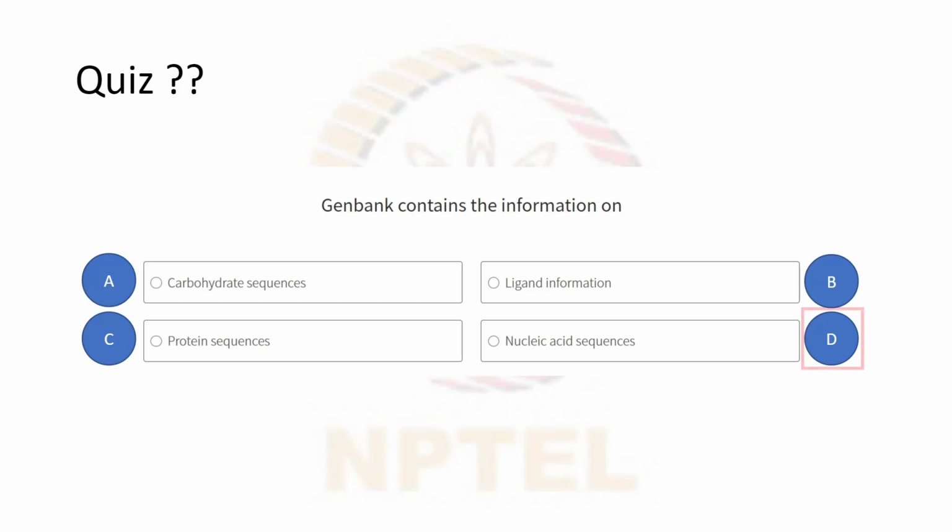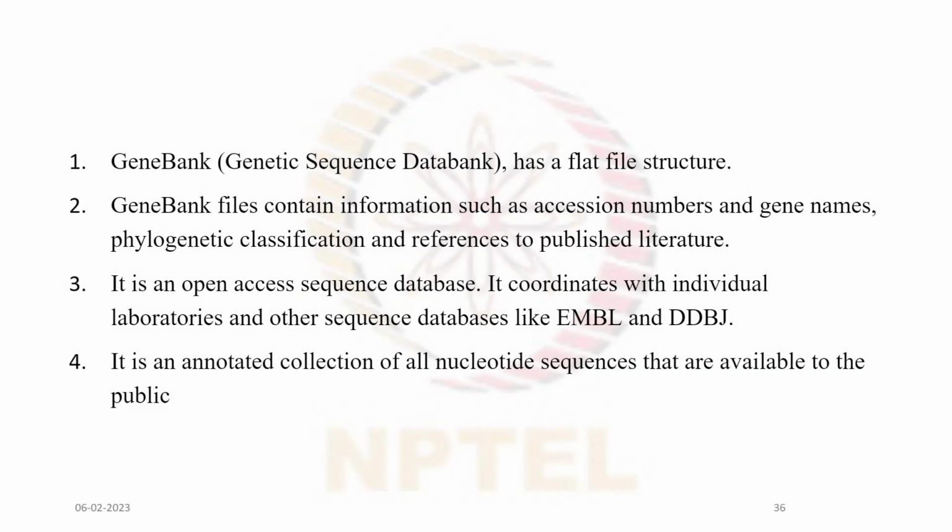GenBank contains information on nucleic acid sequences. There is some special information about GenBank: it follows a flat file structure, and it also gives an accession number and gene names. And there is a collaboration with other databases, DDBJ and EMBL and GenBank, which is known as the largest collection of nucleotide sequences.